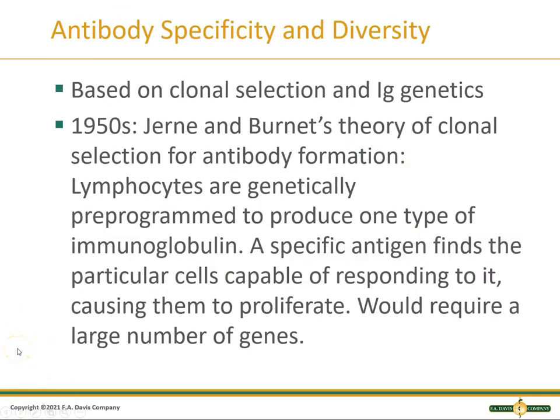So, antibody specificity and diversity is actually based on what we call clonal selection and immunoglobulin genetics. So you can see in the 50s, Jerne and Burnet had a theory about clonal selection on how we make antibodies, that lymphocytes are being pre-programmed genetically to produce one type of immunoglobulin, and that there was a specific antigen that looks for a particular cell so that it will respond to it and it will proliferate.